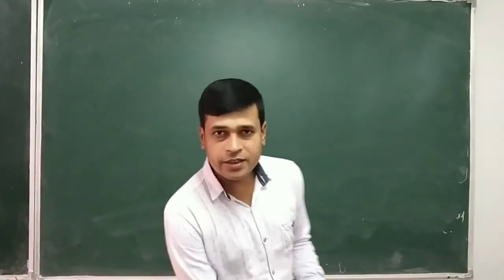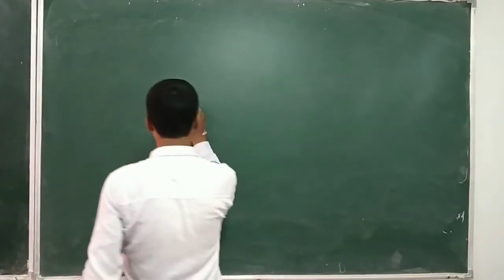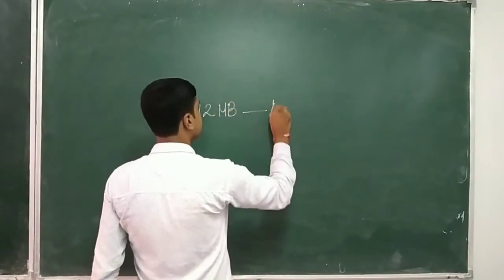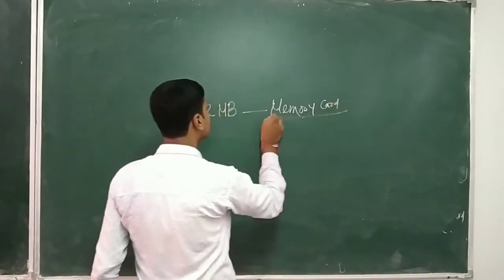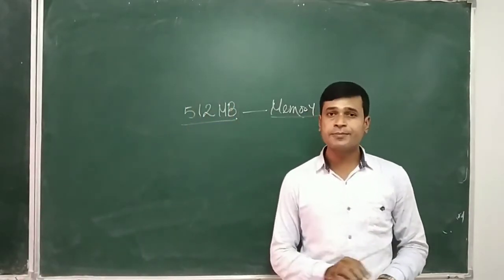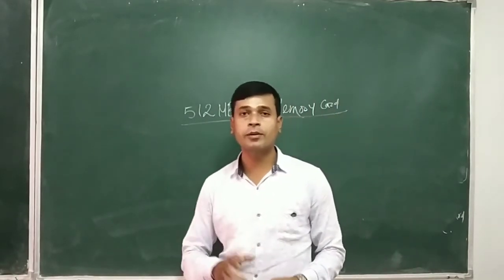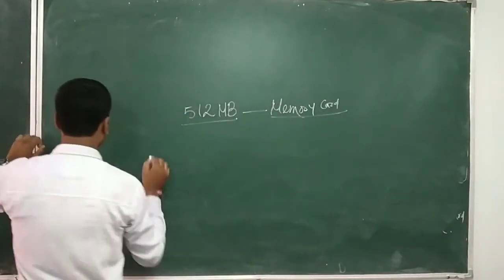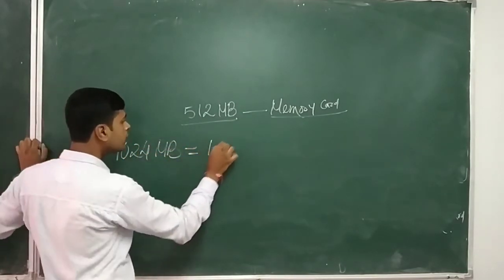So one question: suppose you have one 512 MB memory card. How much GB does it occupy? 1024 MB is equivalent to 1 GB.